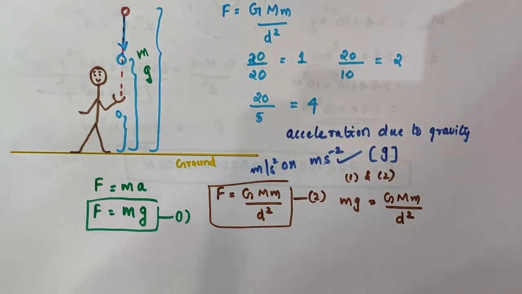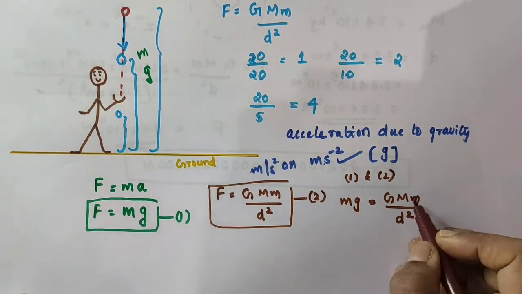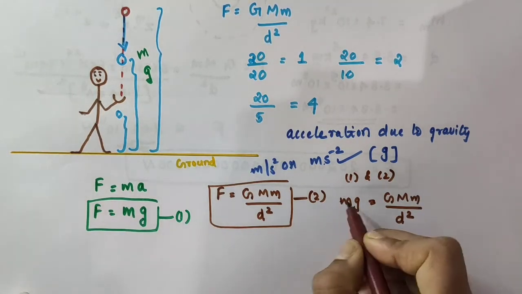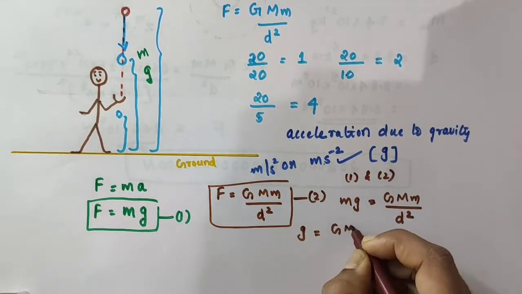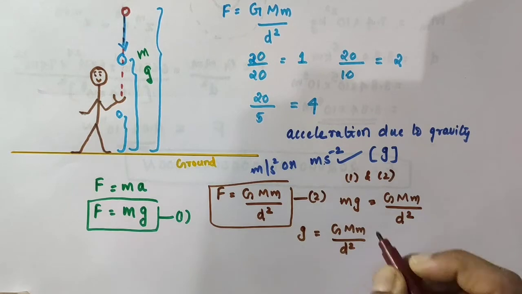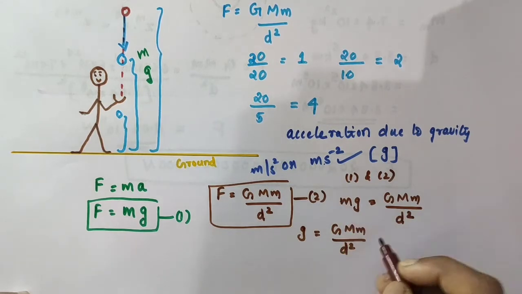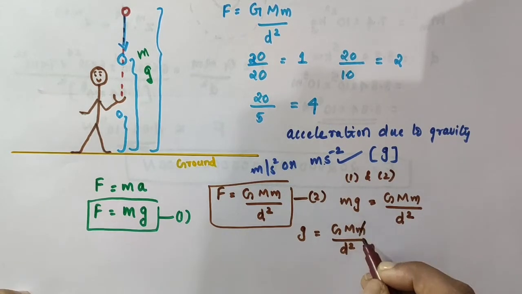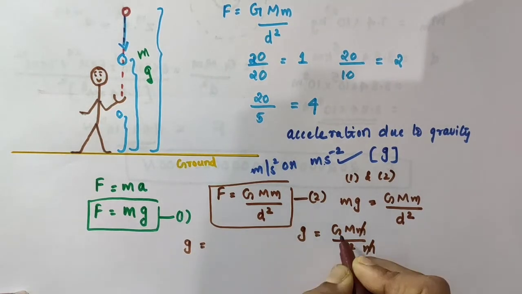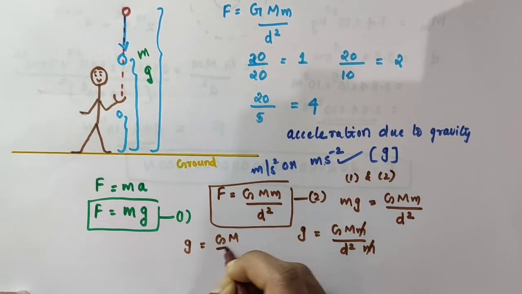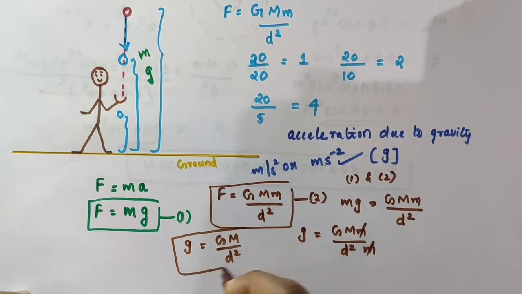If I am taking this small letter m to this side, it goes to the denominator, and the m cancels. So the rest we have g equals capital letter G, capital letter M divided by d square.